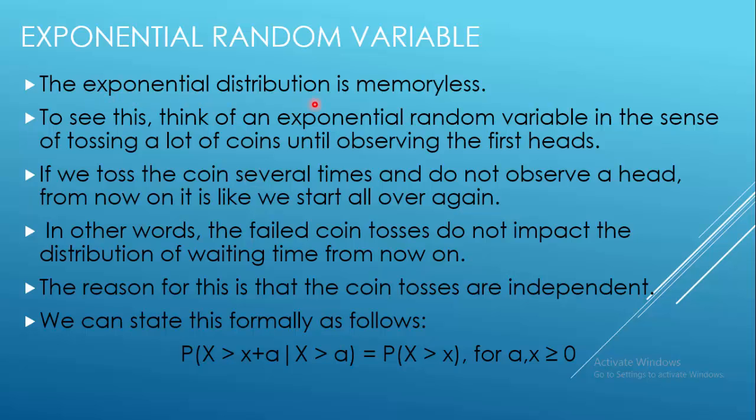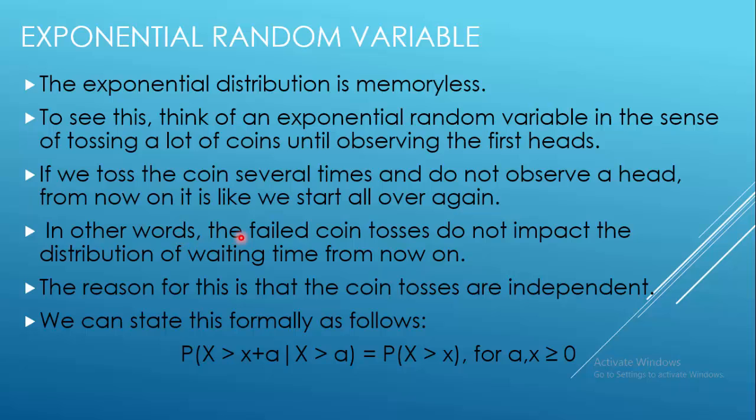The exponential distribution is memoryless. To see this, think of an exponential random variable in the sense of tossing a lot of coins until observing the first heads. As we know, we will stop the experiment or observation when the first success is achieved. If we toss the coin several times and do not observe a head, from now on it's like we start all over again.